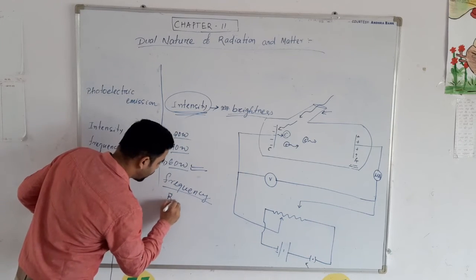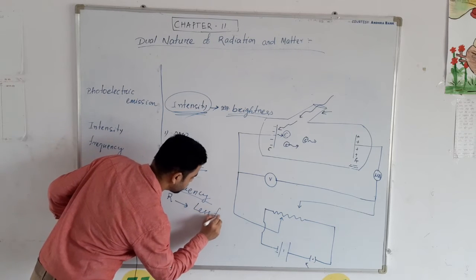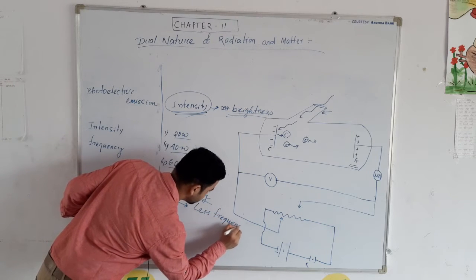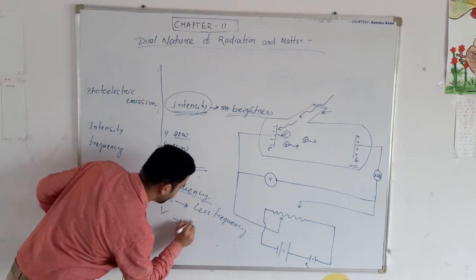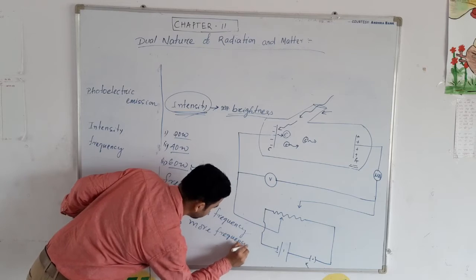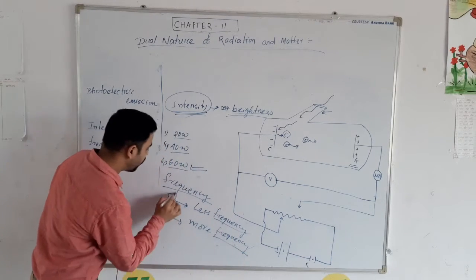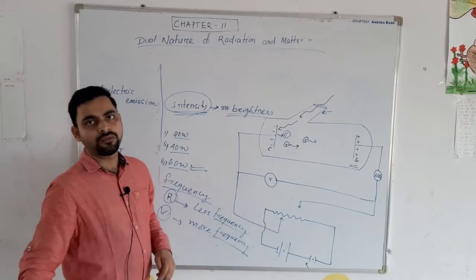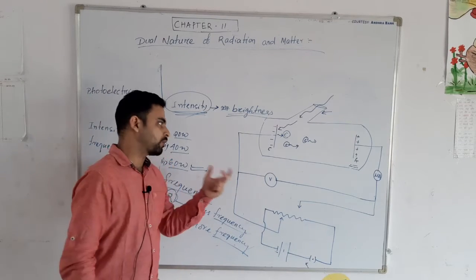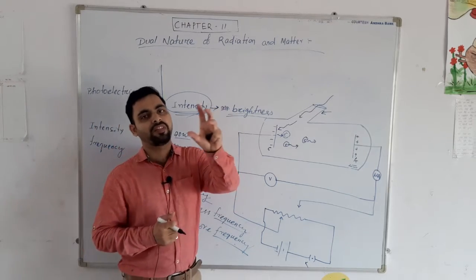Red color has less frequency and violet has more frequency. We have studied this in class 10th, right? That means frequency is related to the color of the light. If we change the color, we are changing the frequency of the light.